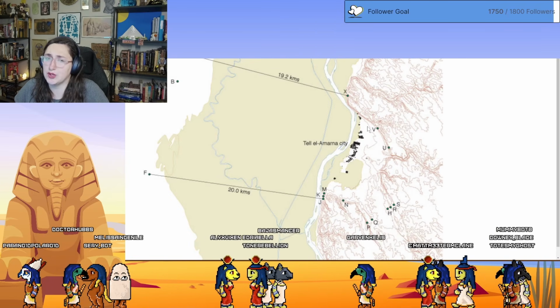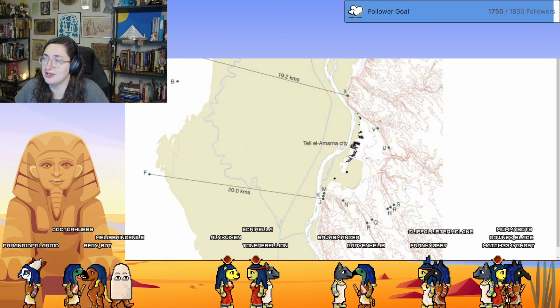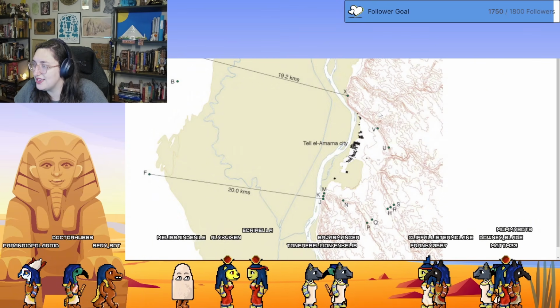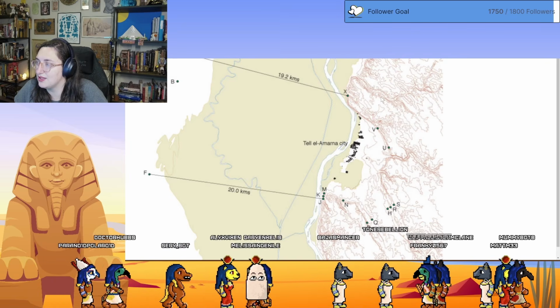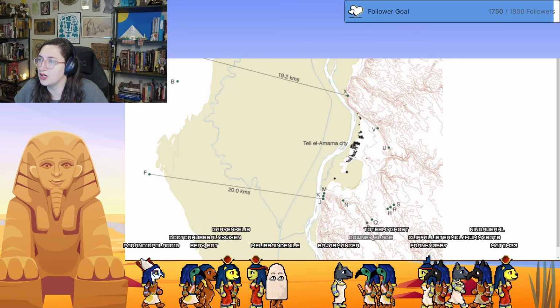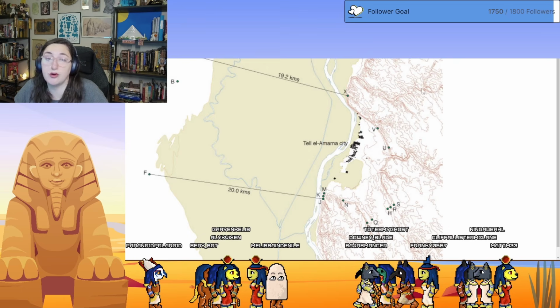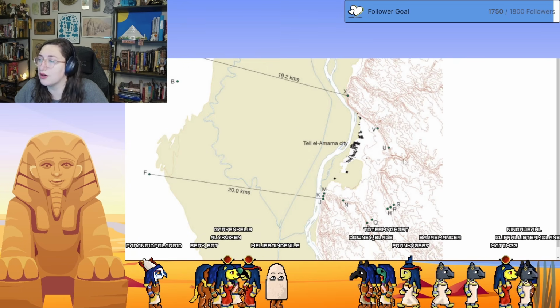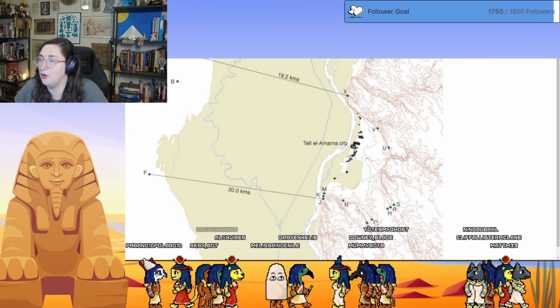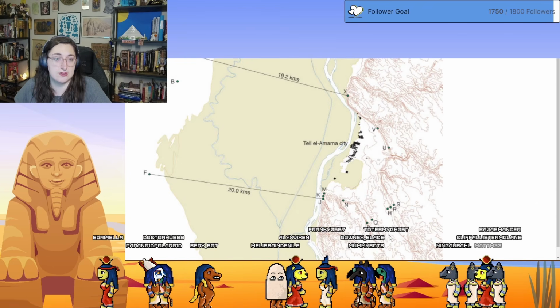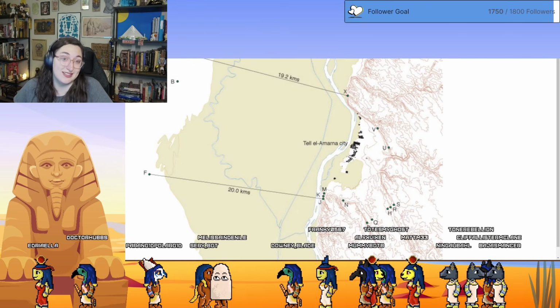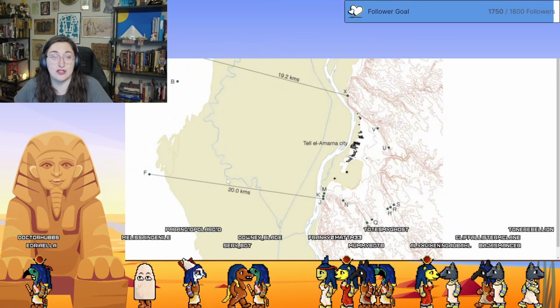If you have never heard this word before, we call these wadis. A wadi is an ancient riverbed that was carved out of the stone by water erosion, but has since dried up. Technically, the Valley of the Kings and the Valley of the Queens are wadis.